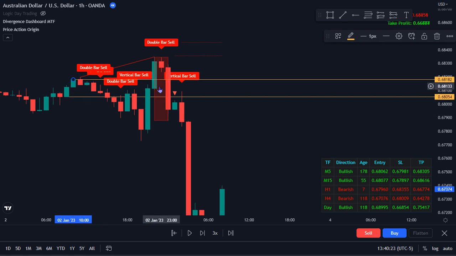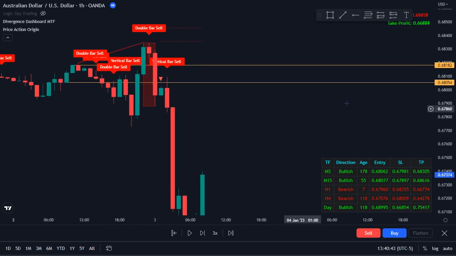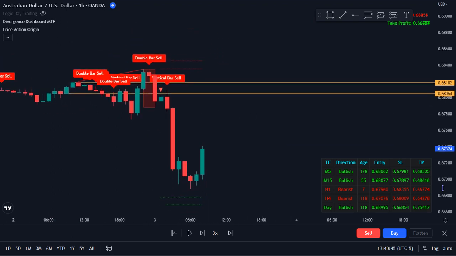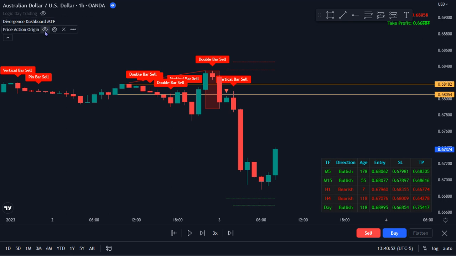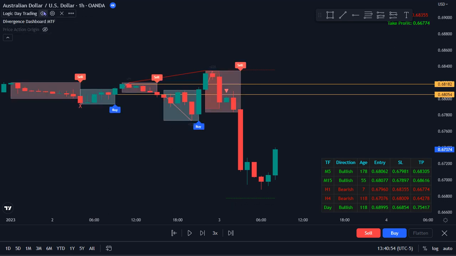For instance, if this candle had opened a little bit lower, so the open of the candle overlapped with this zone, that would just be extra confirmation to get in on this zone. In this example we just have the one, but nevertheless, it still works out here, along with these confirmations as well. And then another great one is a logic day trading.